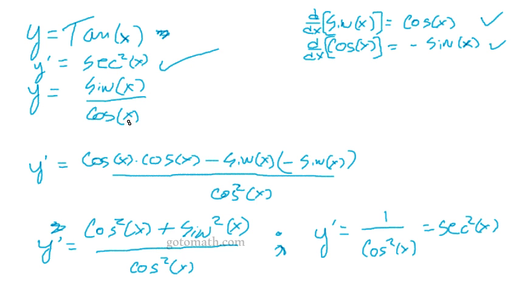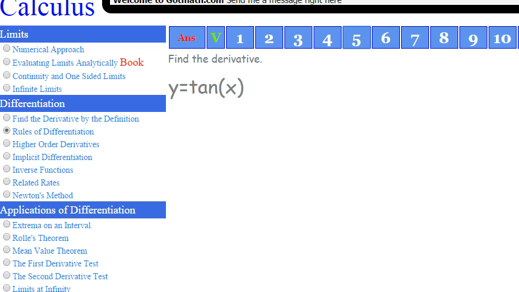That'd be better than having to go through all of this every time. But remember, this was key right here. These were two that we just had to take for granted, that the derivative of sine x is cosine x, and the derivative of cosine x is negative sine x. And what do we got? y prime is secant squared x. Okay, good. So this section right here, click in there and practice.